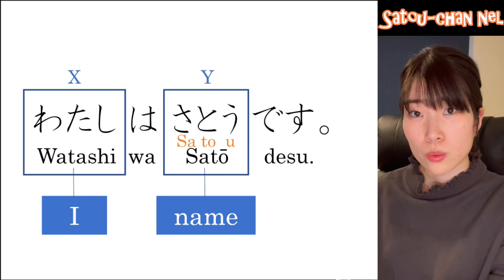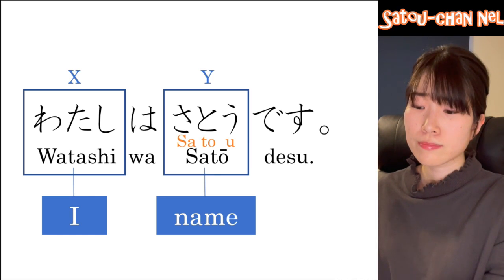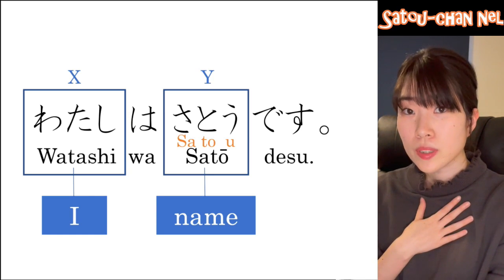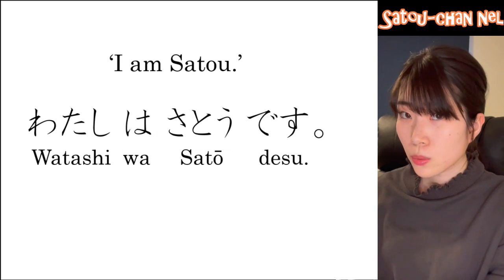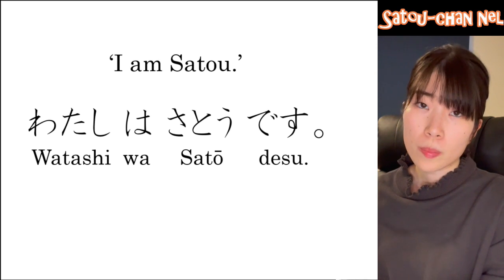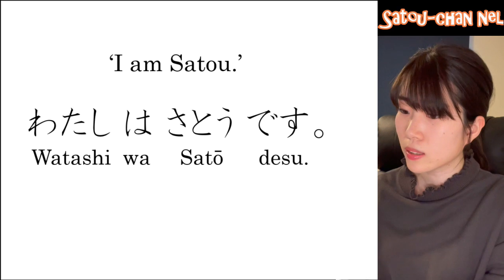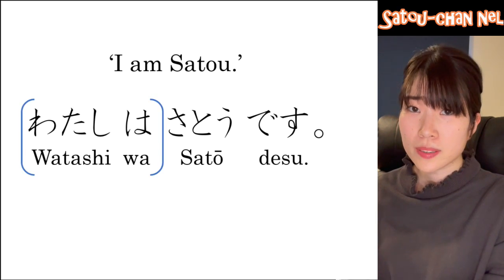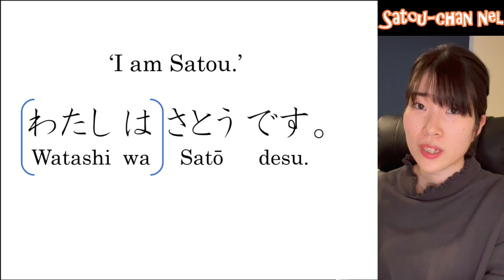私は佐藤です。What does it mean? X is Y. So, I am Sato. 私, I, is a topic and also the subject in this sentence. In Japanese sentences, subjects are often omitted when it's clear.